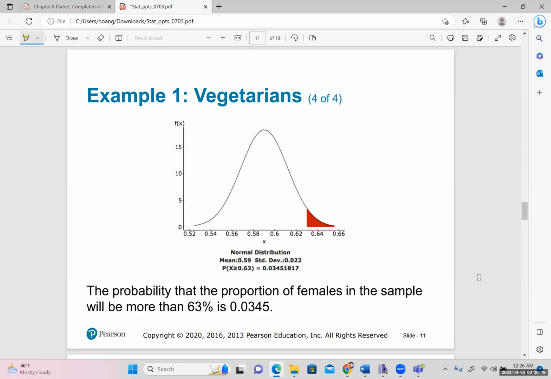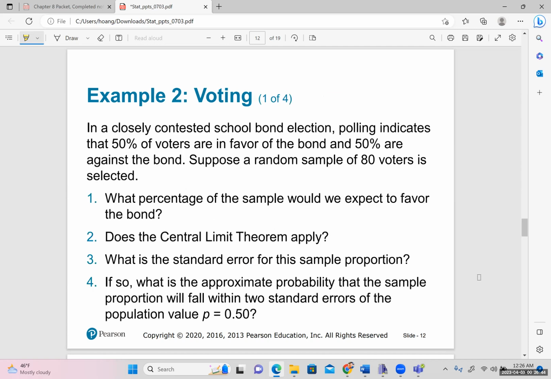Rounded to 4 decimal places, 0.0345 is the probability that the proportion in the sample will be more than 63%. So we're done with example number 1, and we can move to example number 2 about voting.